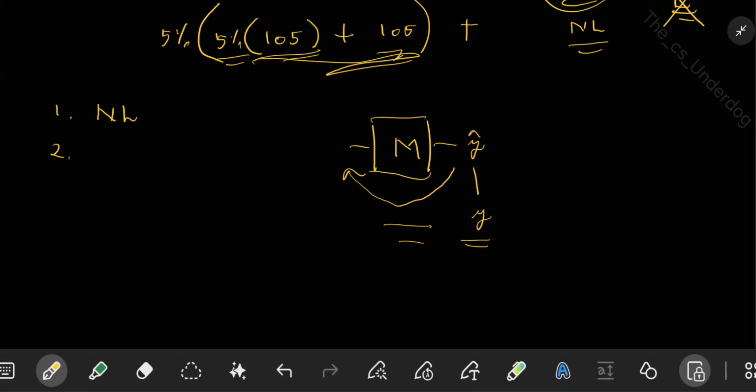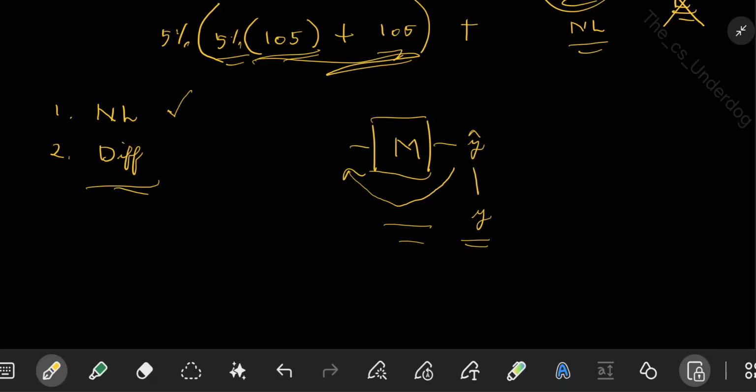So because of this, differentiability becomes an important factor for activation functions. Only if you can differentiate it will it be easy for you to back propagate your loss whenever you calculate the loss.